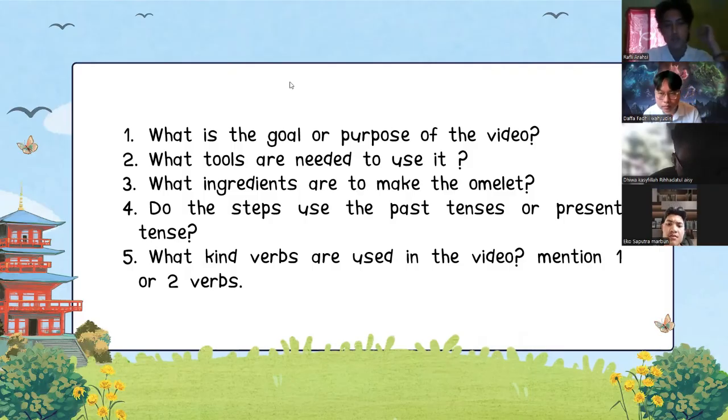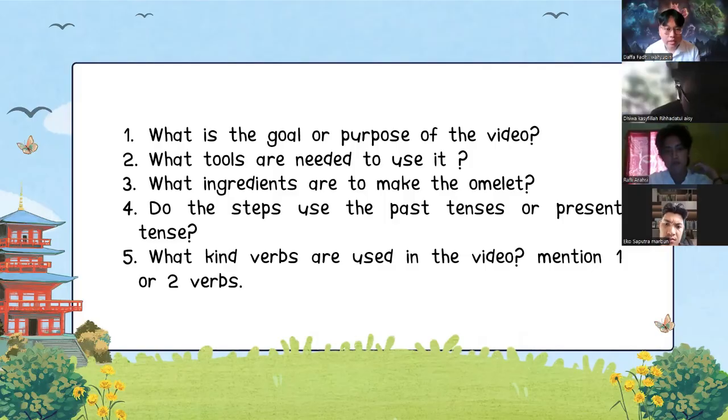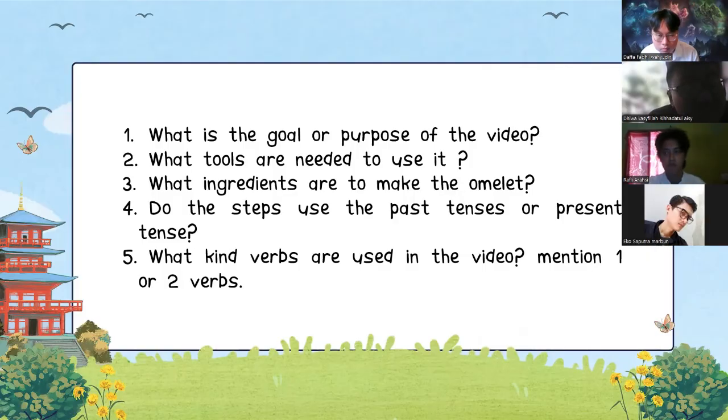Okay, the tools needed are bowl, pan, fork, stove, and spatula. Oh, spatula. Good job. The next is, what ingredients are needed to make the omelette? Come on, Eko. You want to answer? Oh yes, sir. I think it's 2 eggs, salt, and cooking oil.